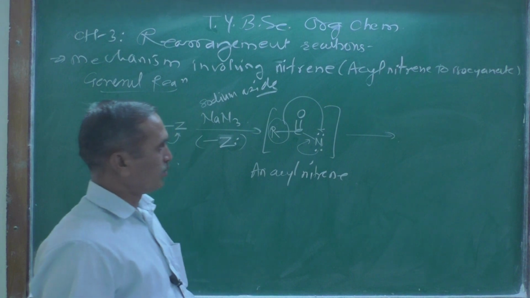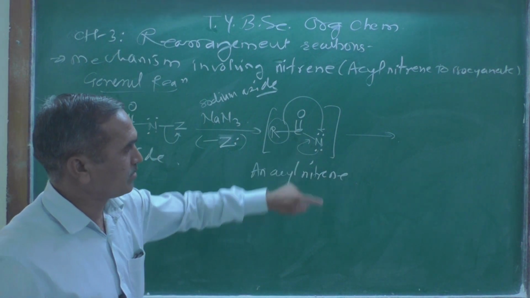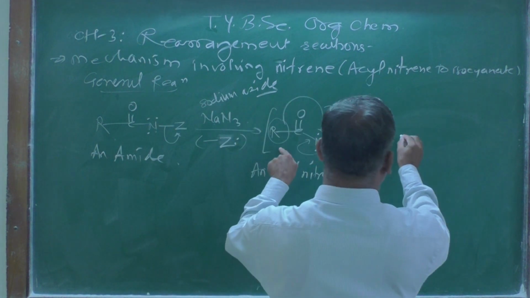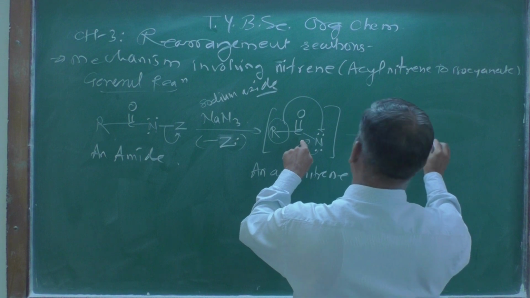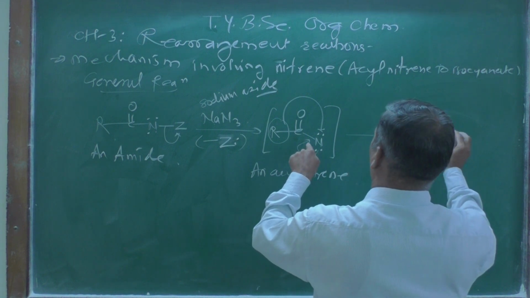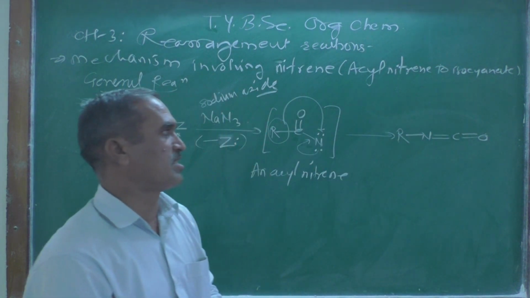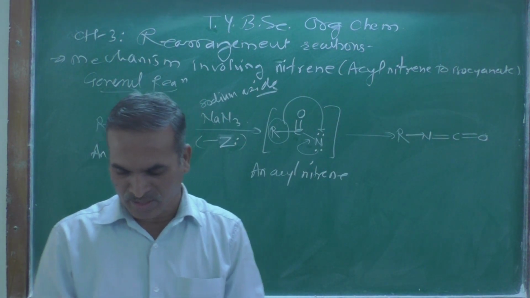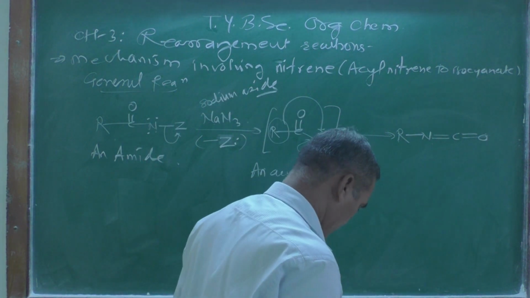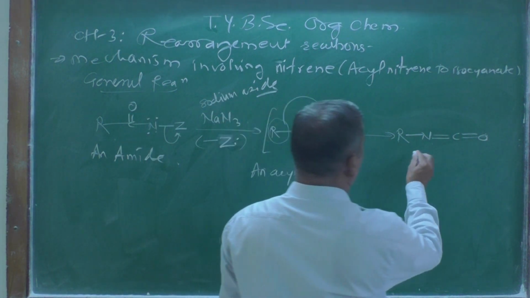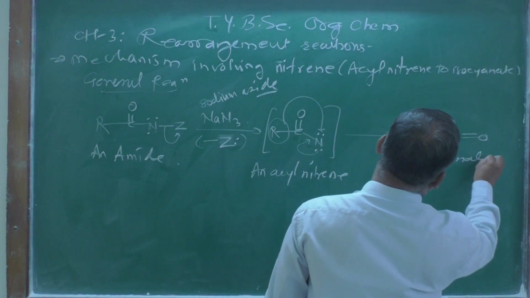The nitrogen forms a double bond, and you get the species like this: R, N double bond, then C double bond O. Now this species is known as an isocyanate.